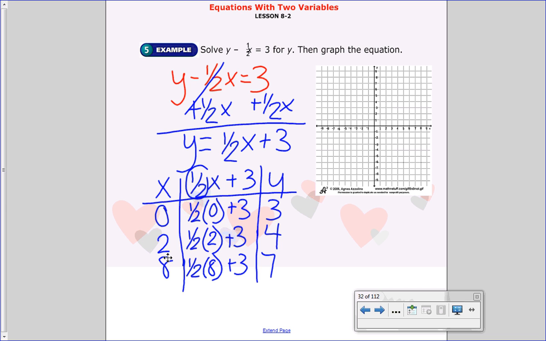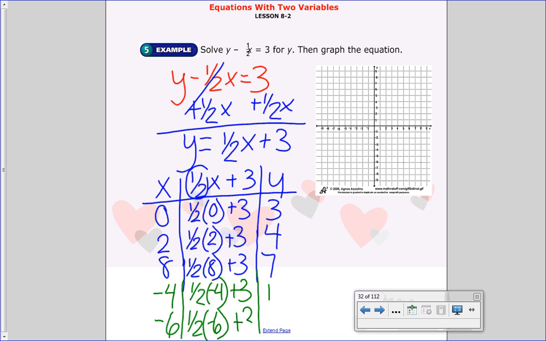And now I'm going to do some negatives. How about -4? 1/2 times -4 is -2, plus 3 is 1. And one more number just to even it out, -6. So 1/2 times -6 is -3, plus 3 is 0. So I have 5 values here, so now I graph them.